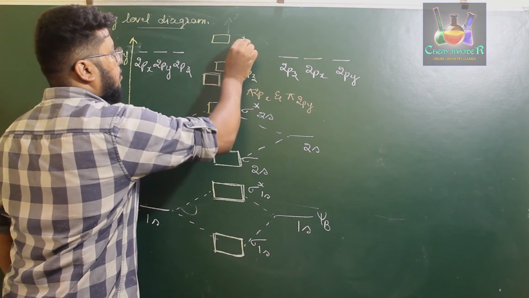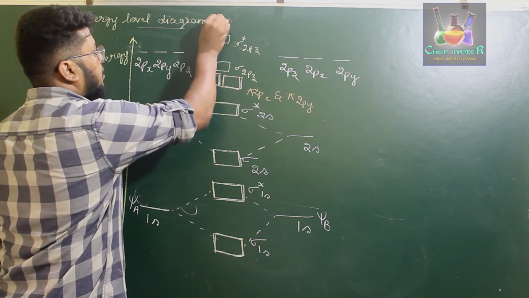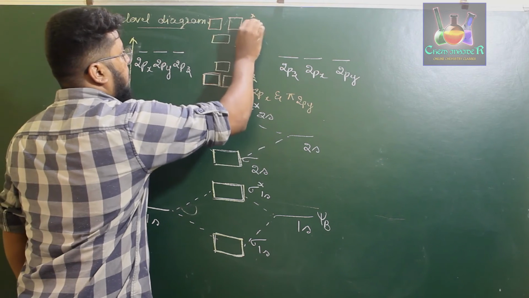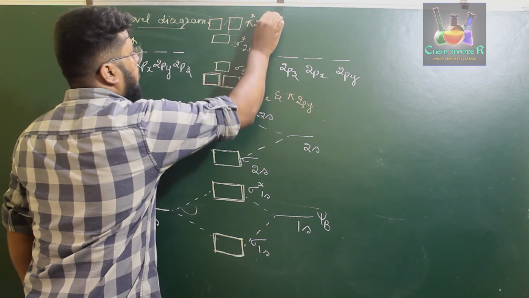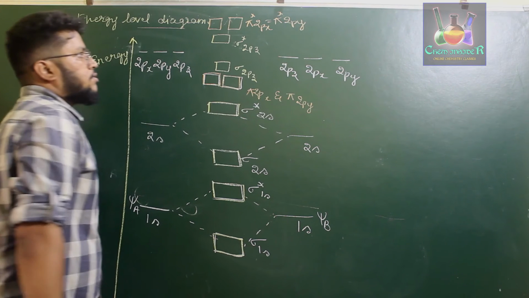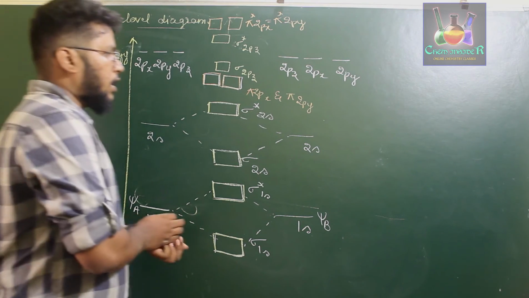Then pi star 2px and pi star 2py. Okay, so this will be the increasing order of the molecular orbital energy diagram for molecules which have less than 14 electrons.